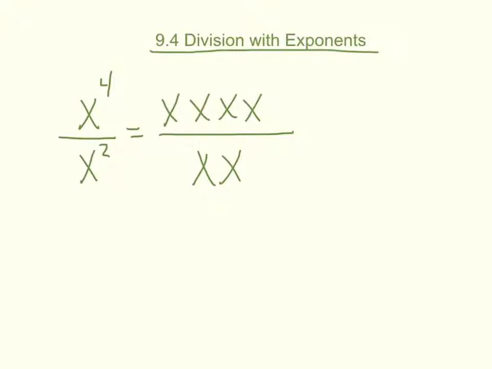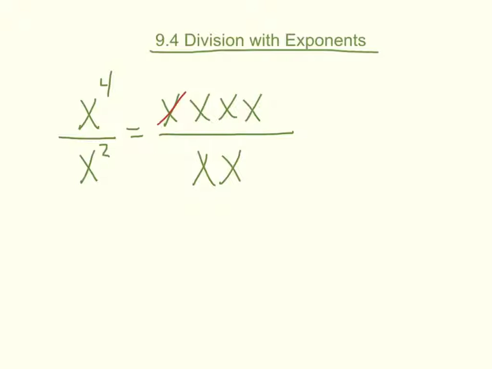Now, sometime in the past, you've probably been told that anything divided by itself, x divided by x, is just 1. We could write that 1, but it would be just 1 times all of this, and that doesn't really change anything. So typically, we just cross them off.